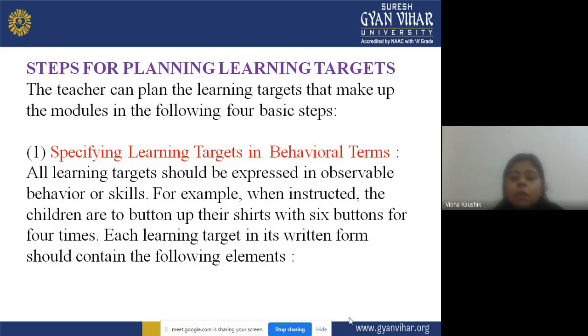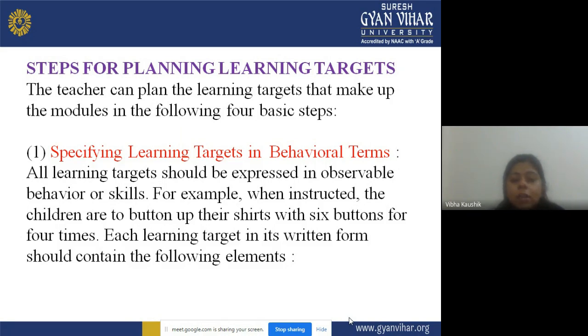For example, when instructed, the children are able to button up their shirts with six buttons full time. For example, when an instruction was given to a particular student that the child has to button up their shirt with six buttons, full time.